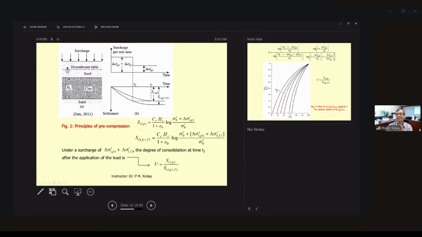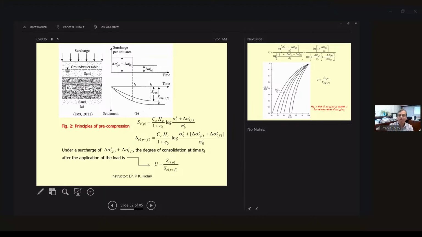So most of the time you can easily find out under the surcharge load how much is the degree of consolidation. So again, you need to go back to the consolidation. So what type of clay is there, whether it is normally consolidated clay, whether it's over-consolidated clay, and how much the load you are applying. So whether it is more than pre-consolidation pressure or less than pre-consolidation pressure. So easily you can calculate the settlement.